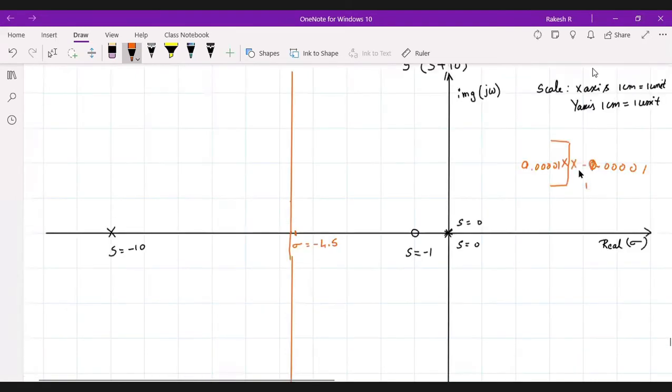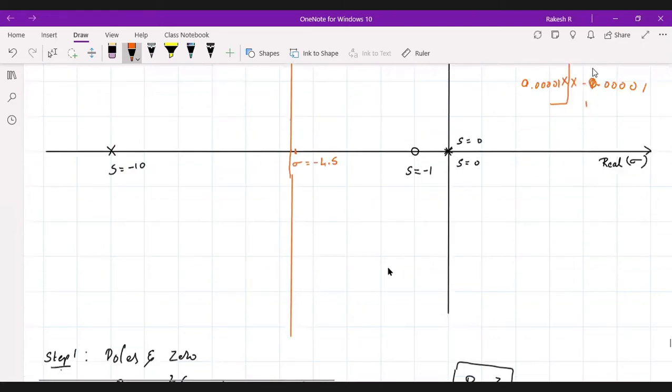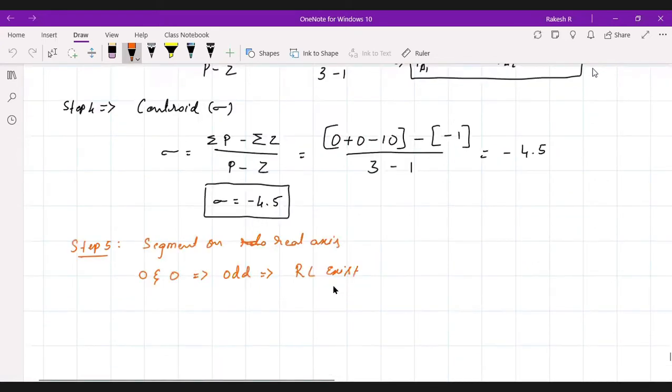Where s is equals to 0, we have two roots, one at minus 0.0001 and plus 0.0001. So we can consider this as 0 only. Towards the right of this, we have one pole, so this is odd. Hence the root locus exists here.